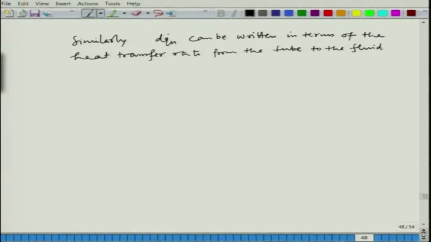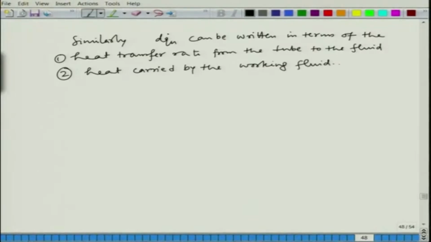We can also write it in terms of the heat carried by the working fluid.